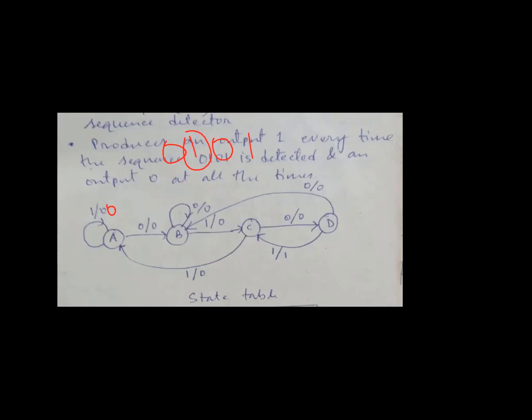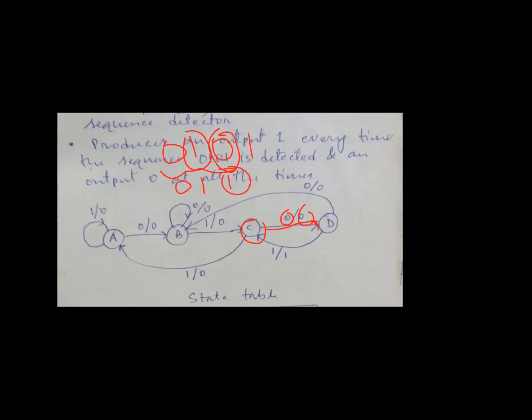Now next input is 0. From C we go to D. So we have got 0, 1, 0 so far, but since it is not the sequence, output is 0. But what happens if we got the sequence 0, 1, 1, that is, in place of 0 in C we got 1?